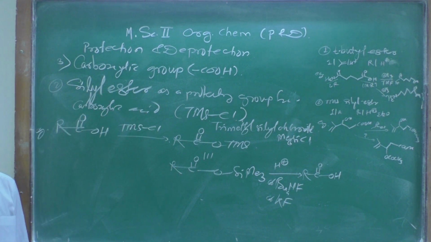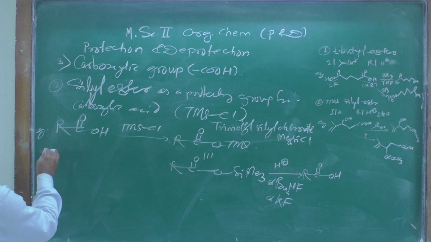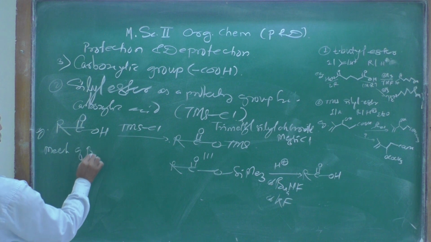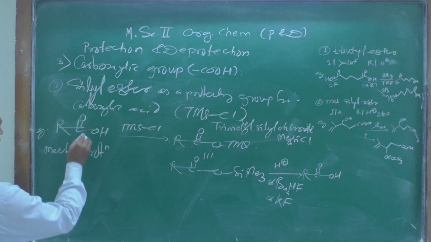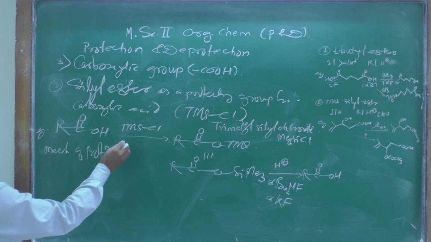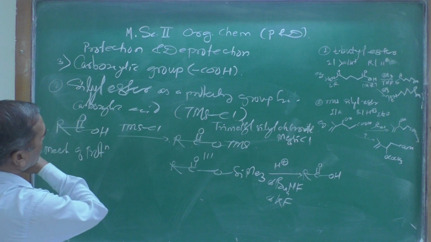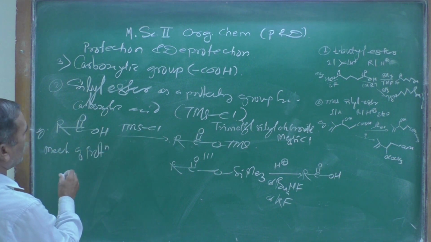Now let us look at the mechanism, how it takes place here. First, the mechanism of protection. Mechanism for protection means how it takes place here. In presence of acid it is introduced.